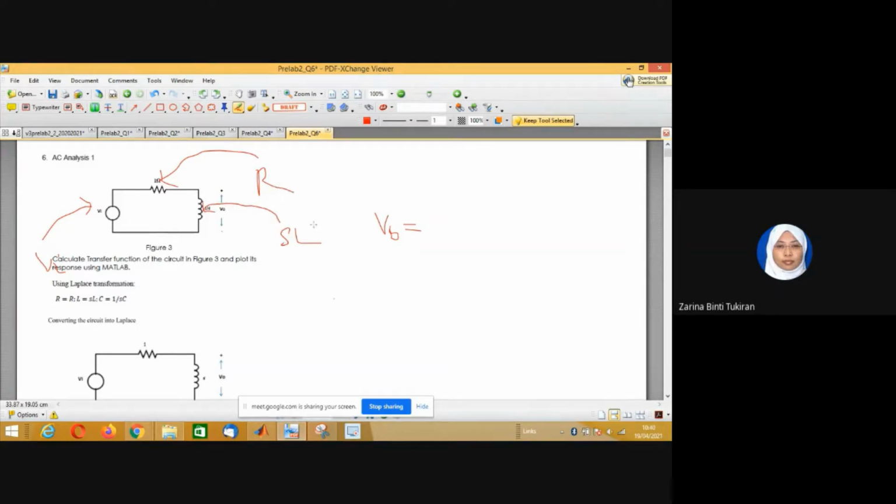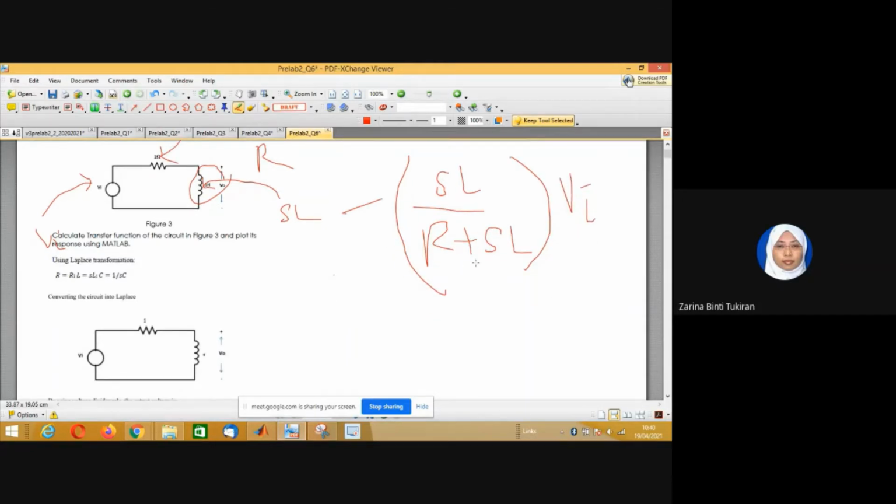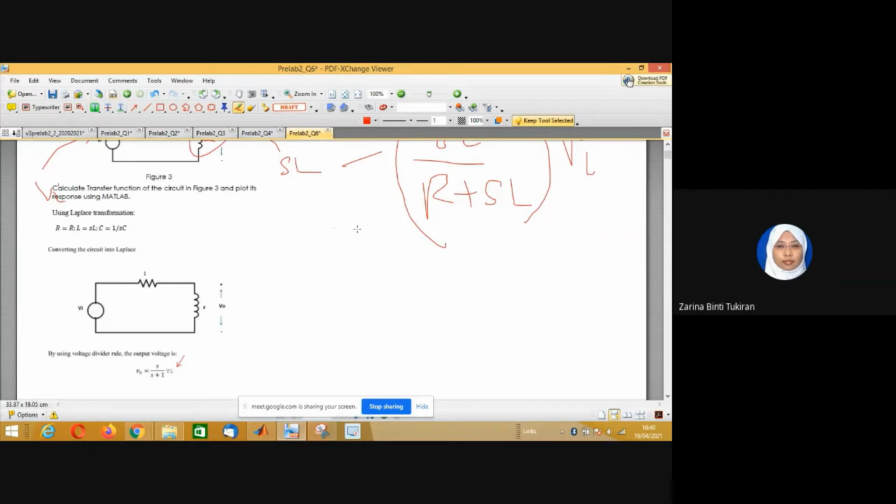Voltage in SL in this area is SL over R plus SL, and this must be multiplied by VI. So this is the equation. By having this equation, you can simplify it, so the output is SL over R plus SL times VI.